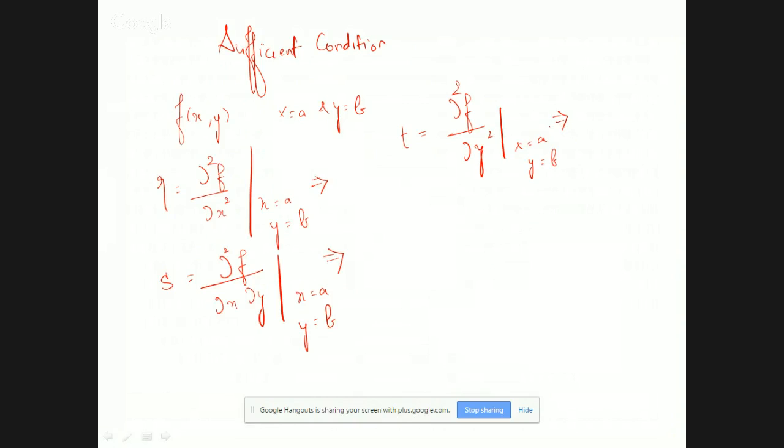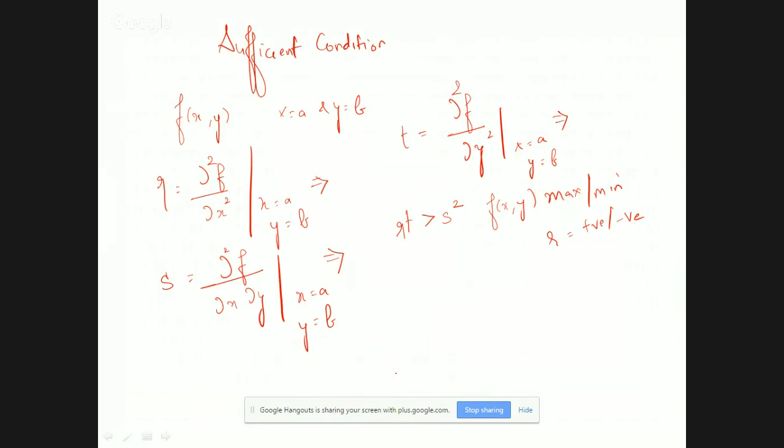Now the condition is if r t is greater than s square, this function f of x comma y will have maxima or minima, accordingly as r is positive or negative.